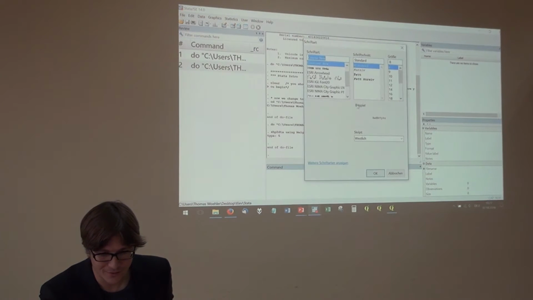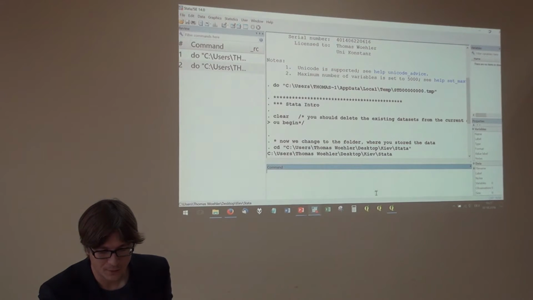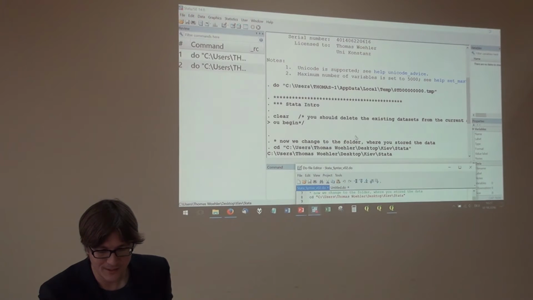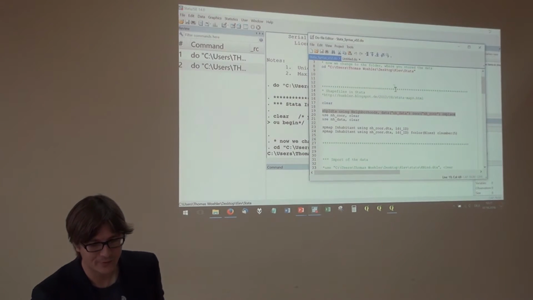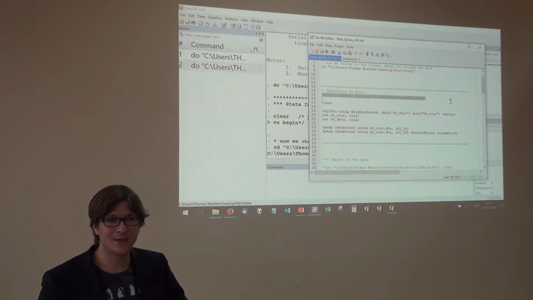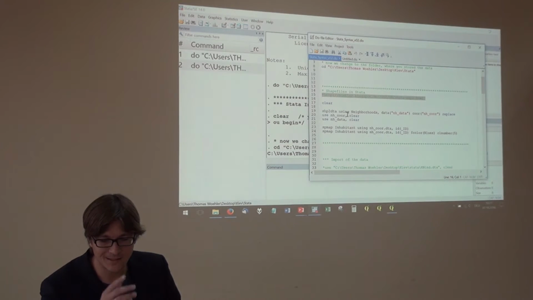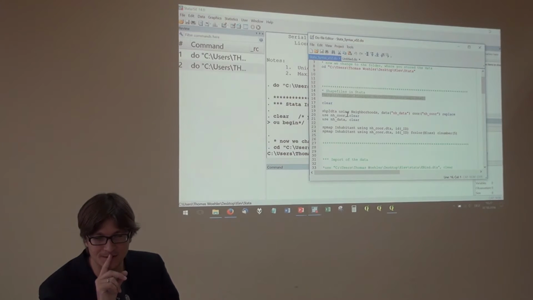Maybe I increase the font. Like this. If you are interested, you have here the website where you have all the documentation for this command. But what it did, and that's what I wanted to show you, because it shows you how shapefiles are built, is that we imported this shapefile and generated two data sets.